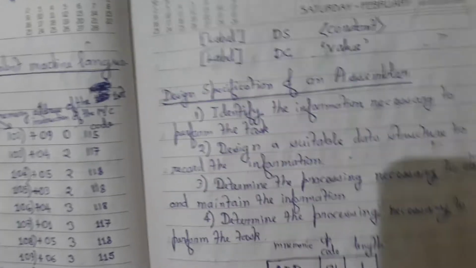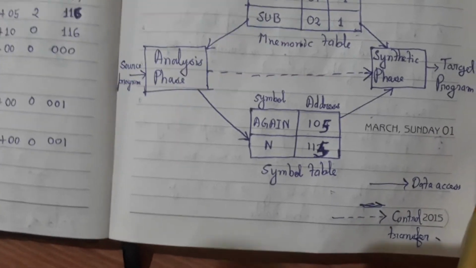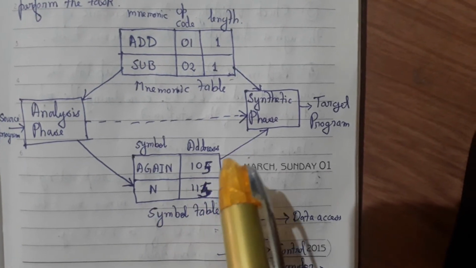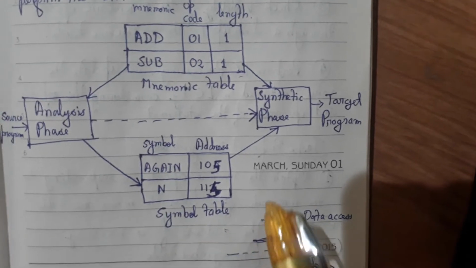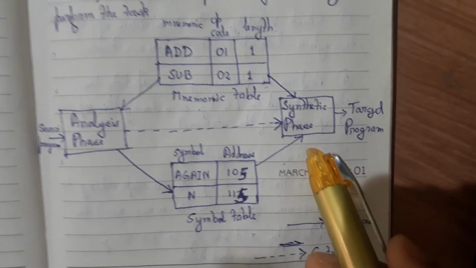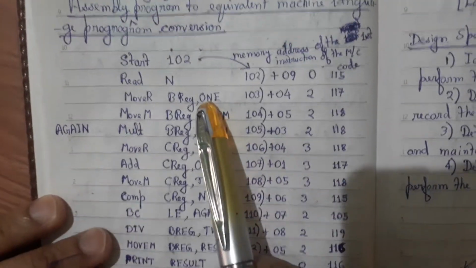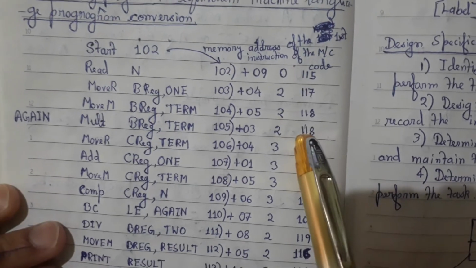One thing I need to mention: in a 2-pass assembler, the symbol table is built in the first pass, and it is in the second pass that the symbols are put in the blanks, that means in the machine instructions.